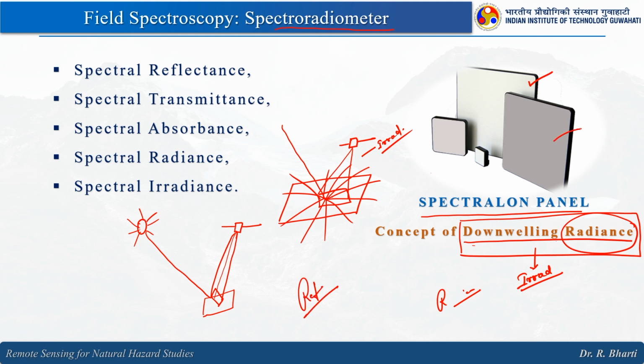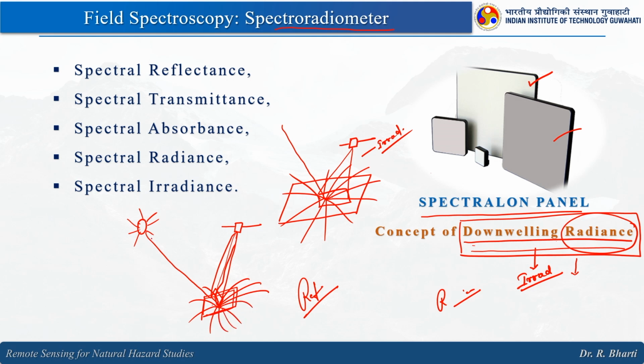So, this kind of isotropic material is used to measure the downwelling radiance, which is nothing but the irradiance, only the style of measurement is different. Instead of focusing towards the sun, we are putting it on the ground and then measuring the radiance. The property of this panel is that it reflects an equal amount of energy in all directions.